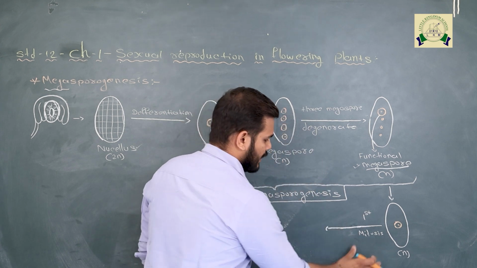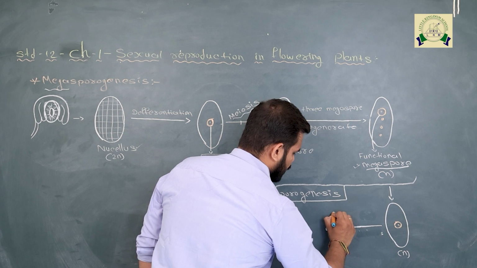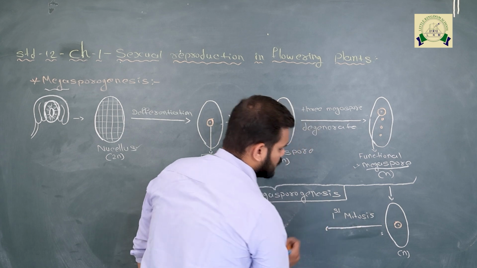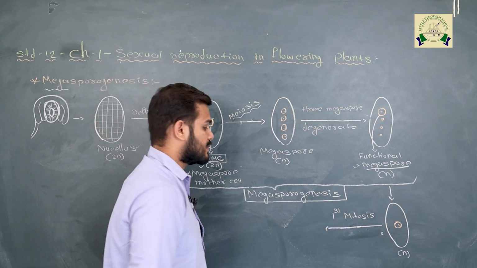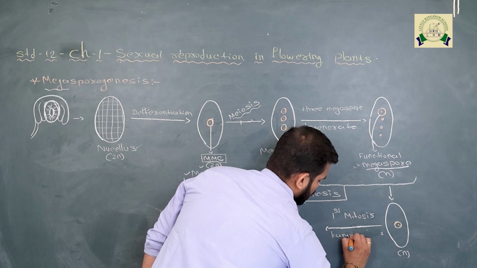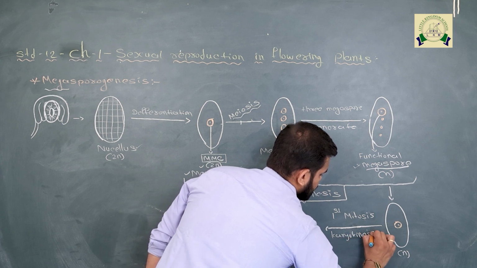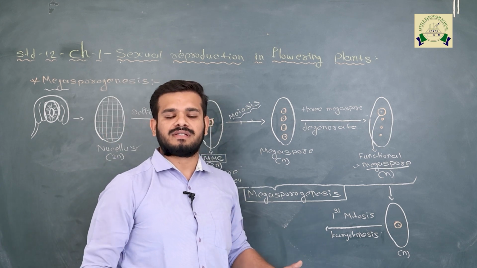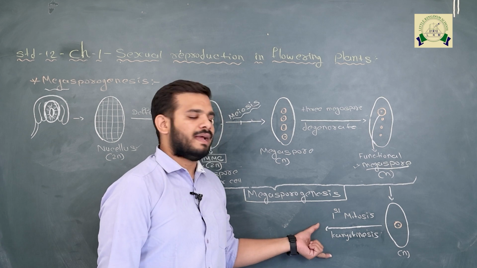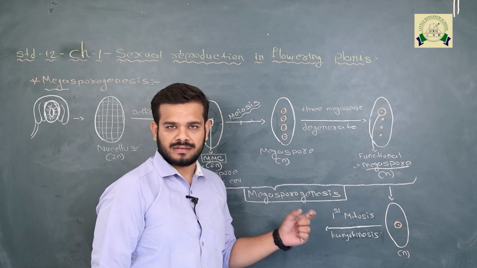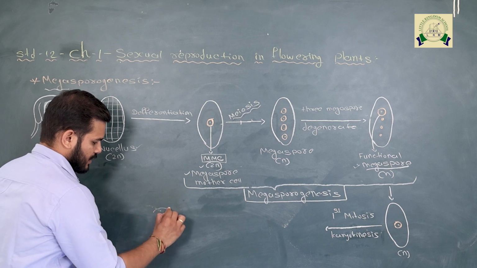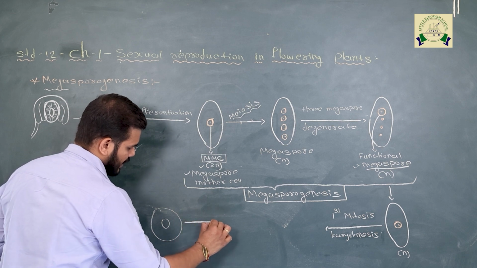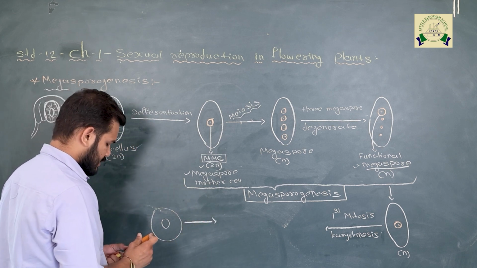But one complicated thing is that there is not only mitosis. There is a process called karyokinesis. If you remember chapter number 10 of standard 11, there are 2 processes, karyokinesis and cytokinesis. What happens in this process? Suppose this one is a cell.